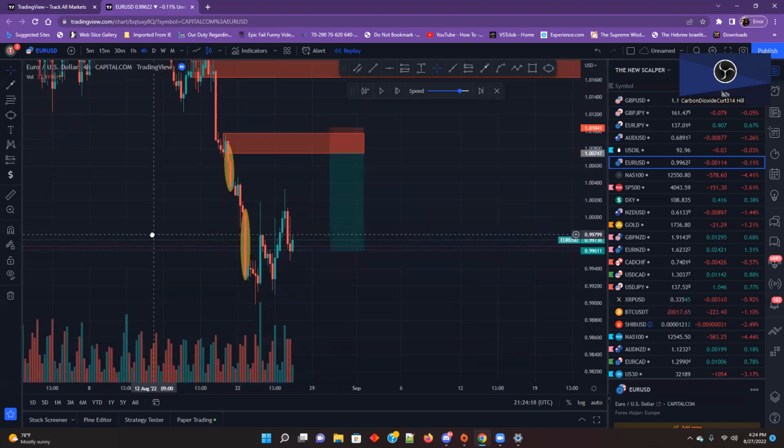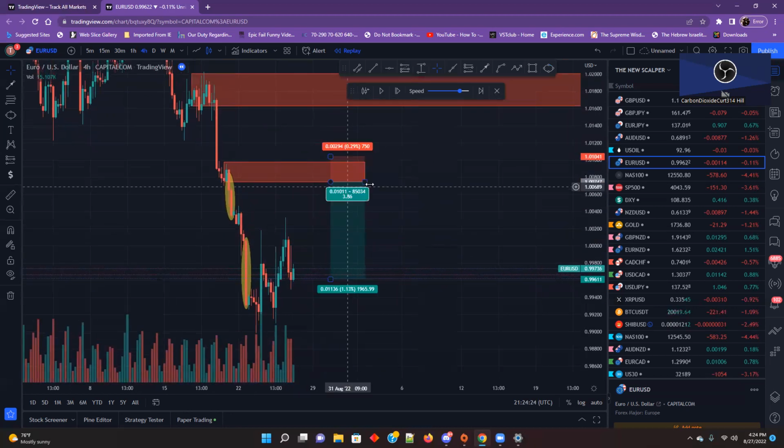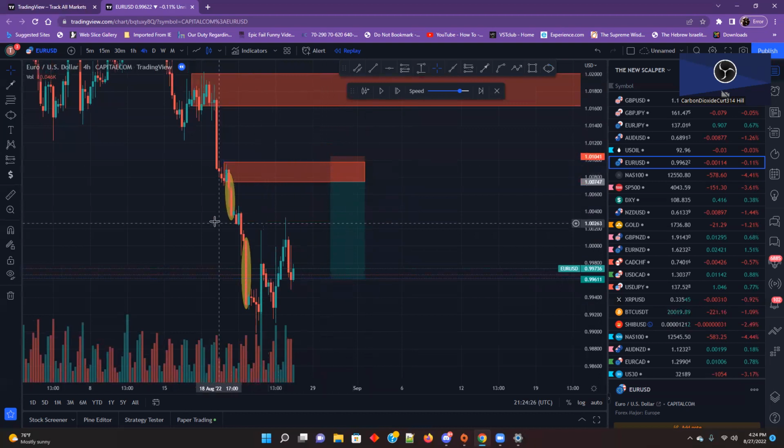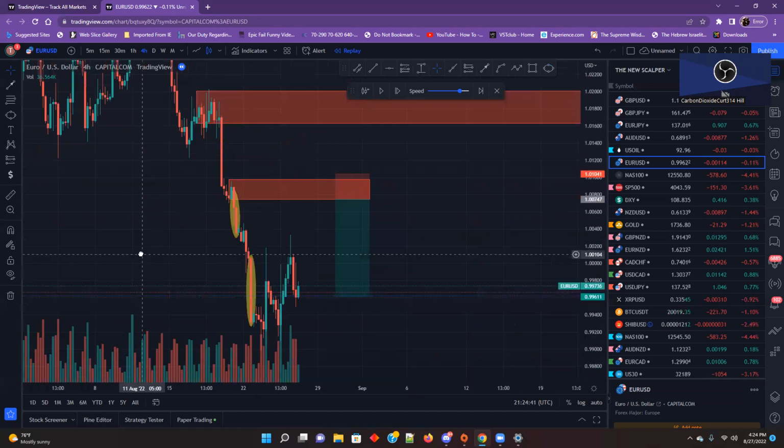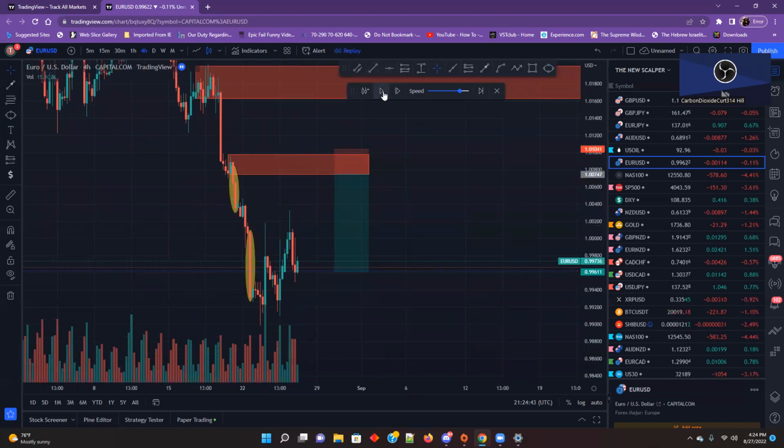So if I gave this trade out, I'd be like, hey, traders, we'll be waiting for this move to happen, right? Let's wait. If you want to put a sell limit there or you want to just wait and we'll just get in. And as soon as it gets up there, there's two ways of getting in. We can get in aggressively, or we can wait. I want to give an example of a non-aggressive way of getting in. I'm going to show you after this trade.